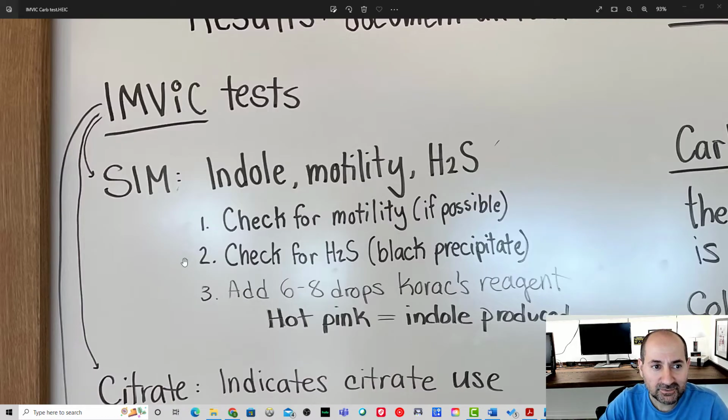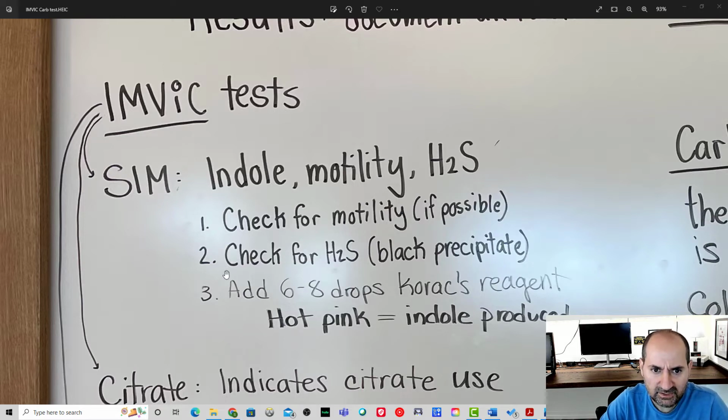All right, recall for the IMViC tests, one of the tests was called the SIM test. This is an indole, motility, and hydrogen sulfide test. It has 3 tests in one. It checks for motility, if possible. Remember, unless it turned black due to H2S production, in which case it's impossible to check for motility.